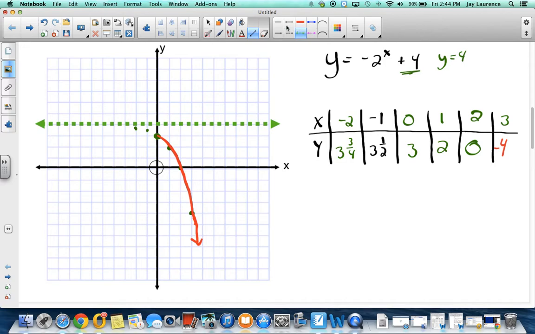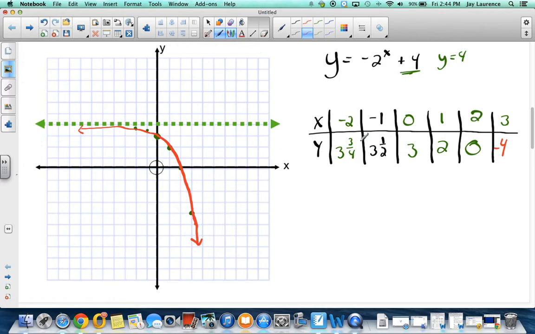The negative on the base, the -2, causes my exponential graph, my curve, to reflect below the asymptote, right? So we had a negative on the exponent, it reflected over the y-axis. If I have a negative on the base, it flips or reflects below the asymptote.